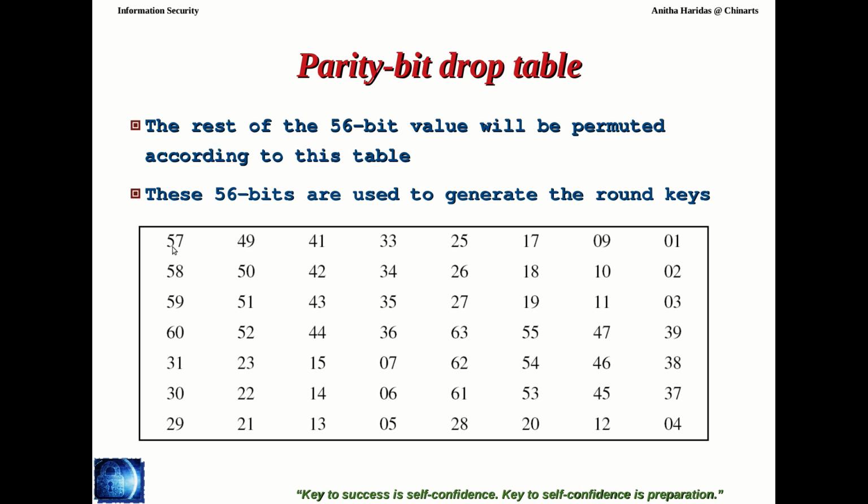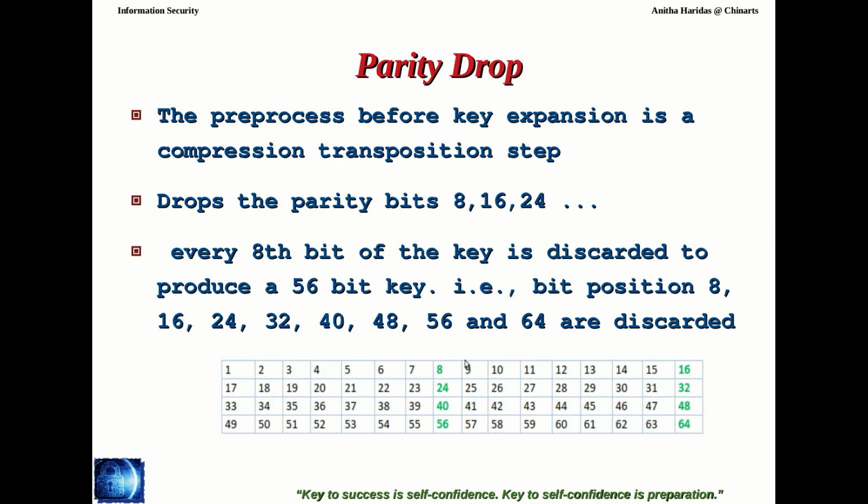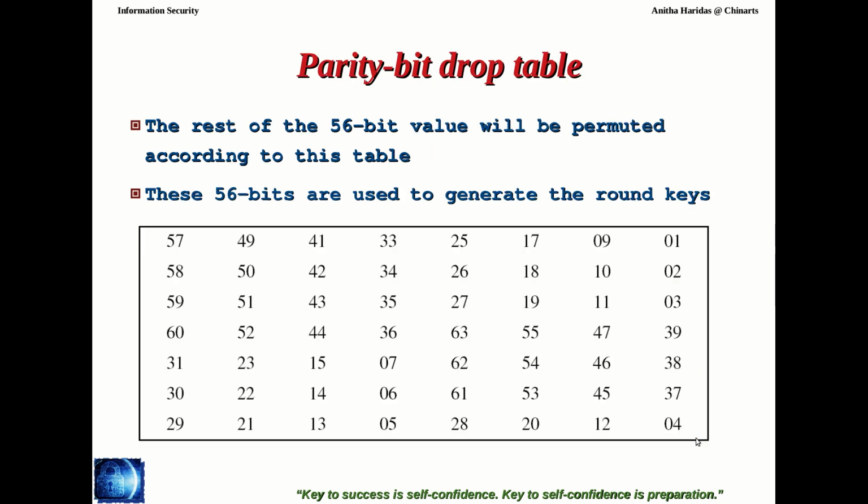So we will have 1, 2, 3, 4, 5, 6, 7, 8 bits, because the 8th bit of the 64 bits will be dropped. So you will have 7 into 8 bits, which is equal to 56 bits. So these 56 bits are now used to generate the round key. Okay, so that is what the parity dropper is.